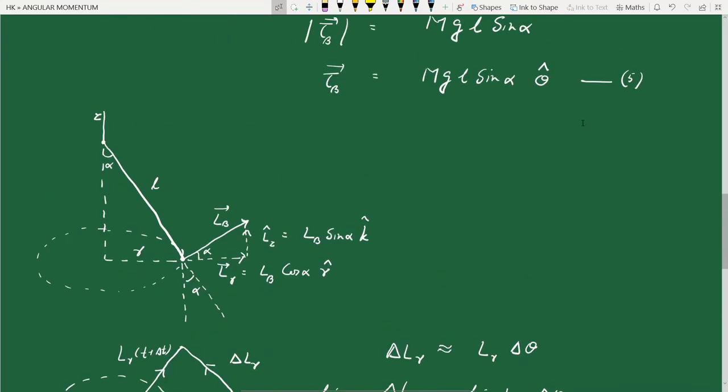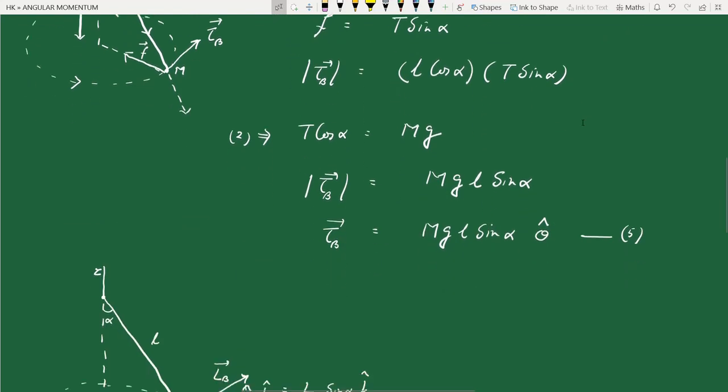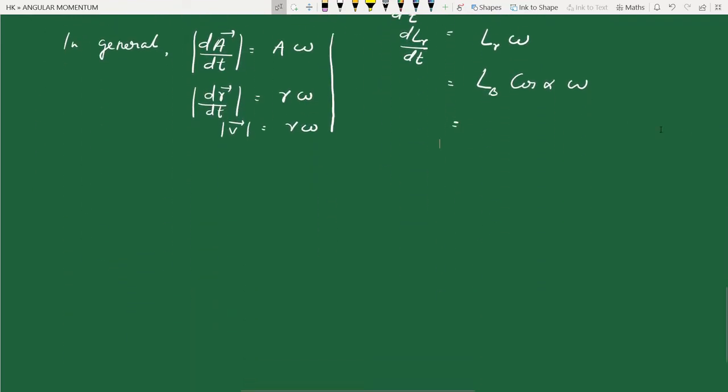What was the expression for LB? From equation 4, mr omega L, right? Let us substitute that here. So mr omega L into cos alpha into omega. That's equal to mr omega square L into cos alpha.